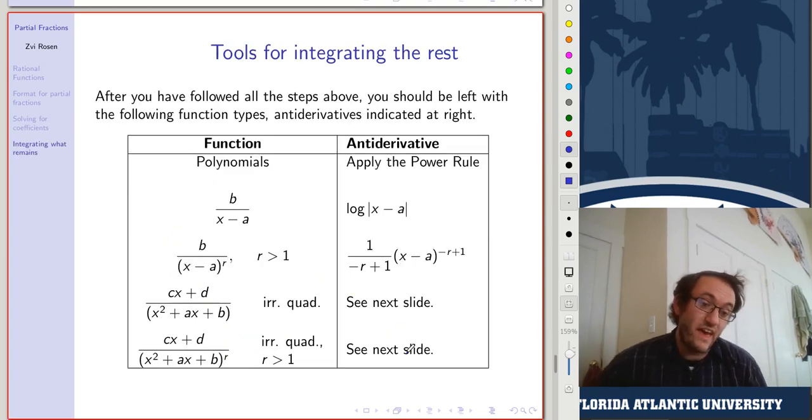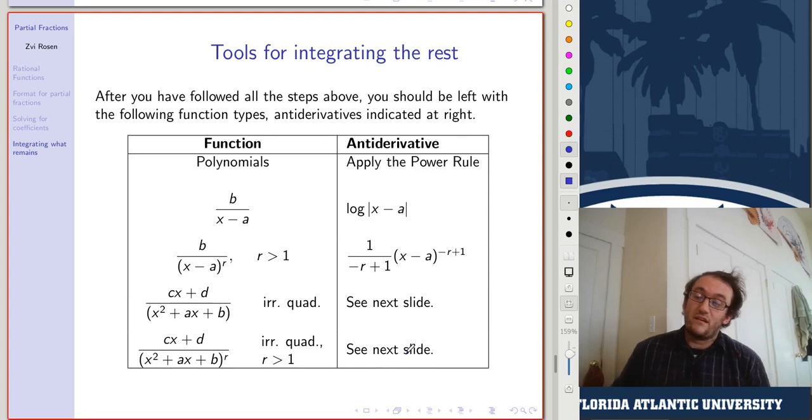Okay, so we have factored our denominators, we've made our partial fractions, we've solved for the coefficients, and now we have to integrate. Okay, so these are the types of functions you'll get after doing everything above. You can have some polynomials if you did some long division. For polynomials, you just apply the power rule as normal.